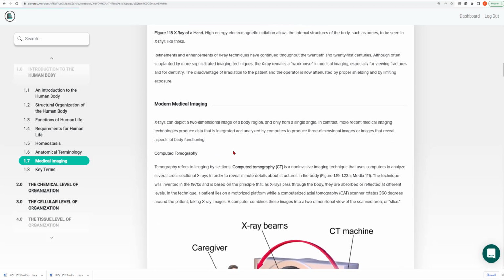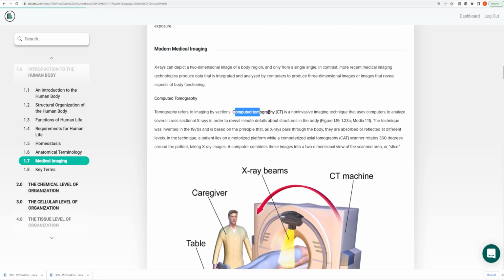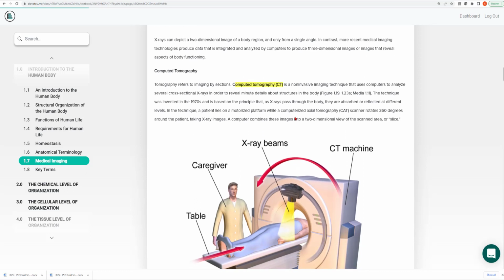Another technique that you'll see a lot of is CT scans, computed tomography. It's telling you that a computer is necessary to collect CT scans. Basically, you're using the same energy, the same x-rays that were used in normal x-rays.